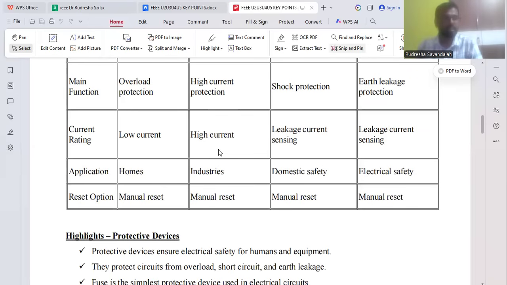Current rating: low current, high current, and leakage current sensing. Next, the applications: homes, industries, and domestic and electrical safety. Reset option: manual reset.